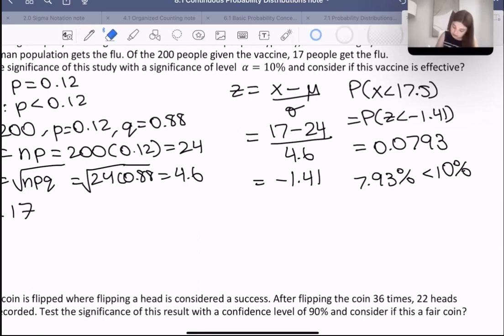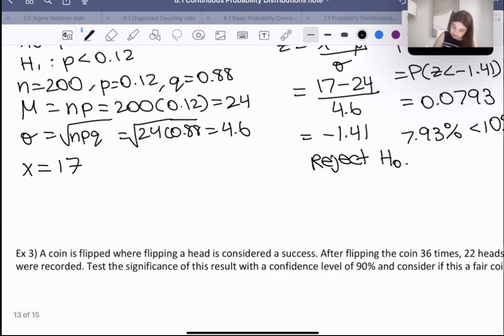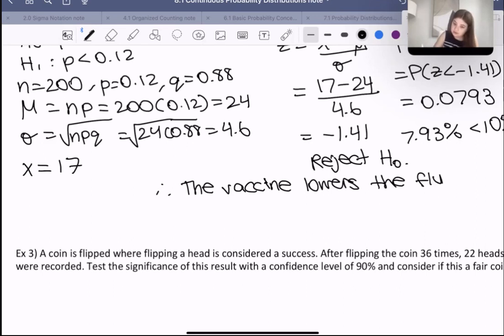So therefore, we need to reject H0, right? And so therefore, it appears here that the vaccine lowers the flu at a significance level of 10%.